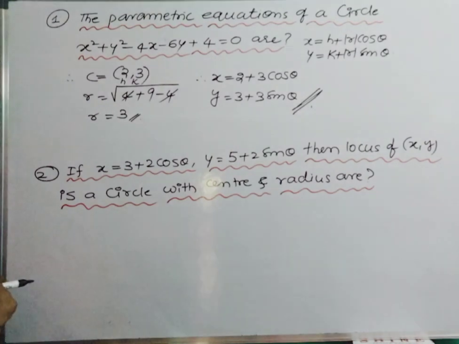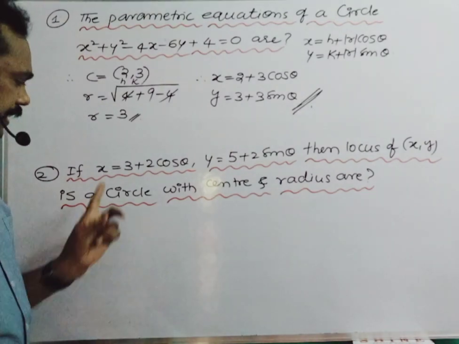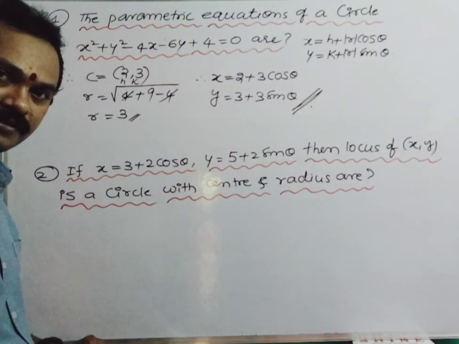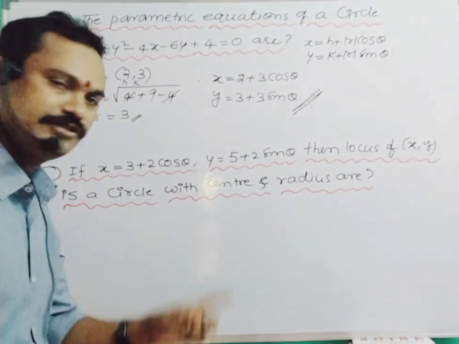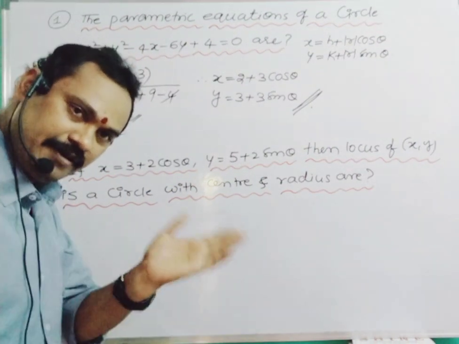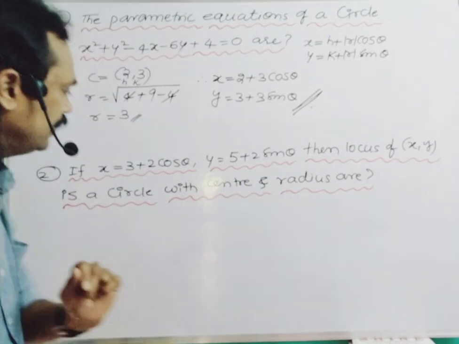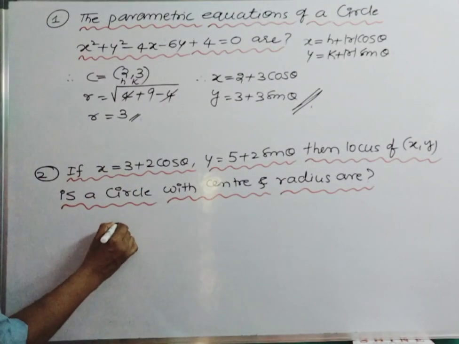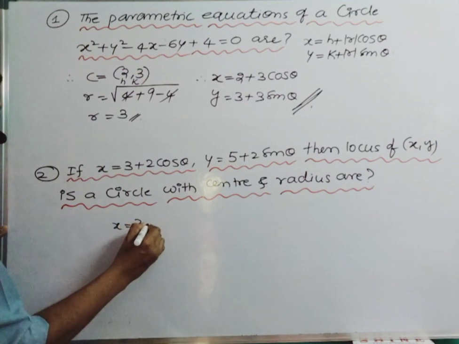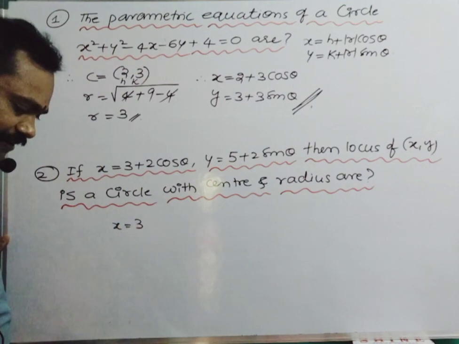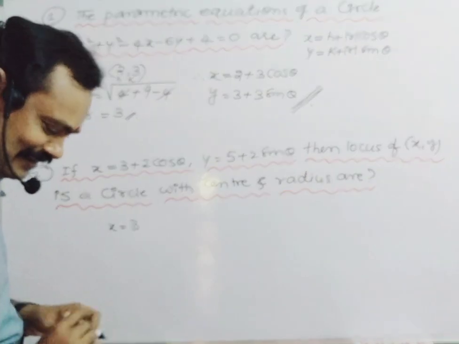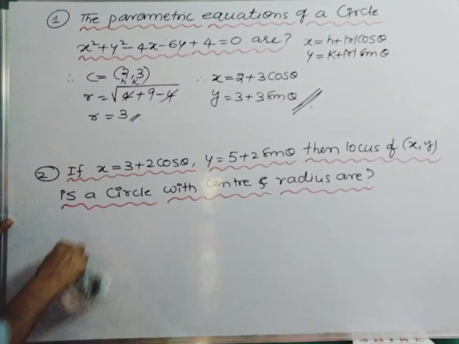Okay. Chalo. In this second question, here the parametric equations are provided. You need to find the circle equation, or rather the center and radius of that circle. So here x equals 3 plus 2 cos theta. No need to write now. Do you remember?